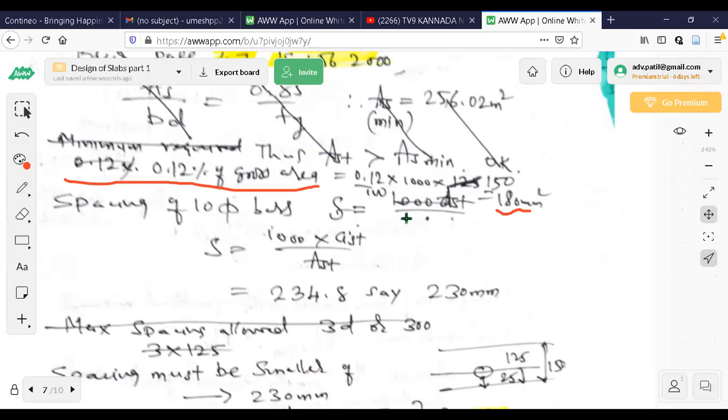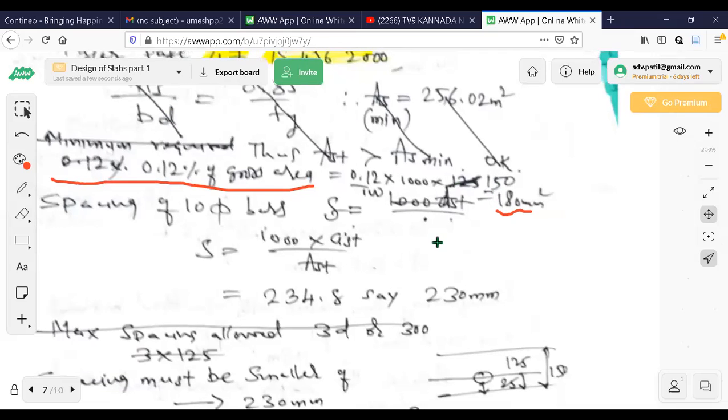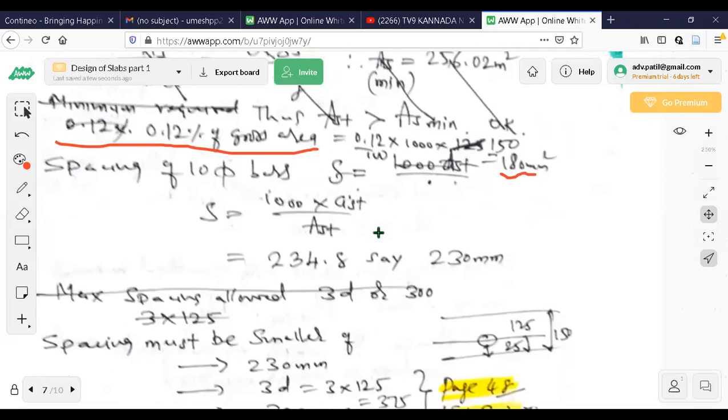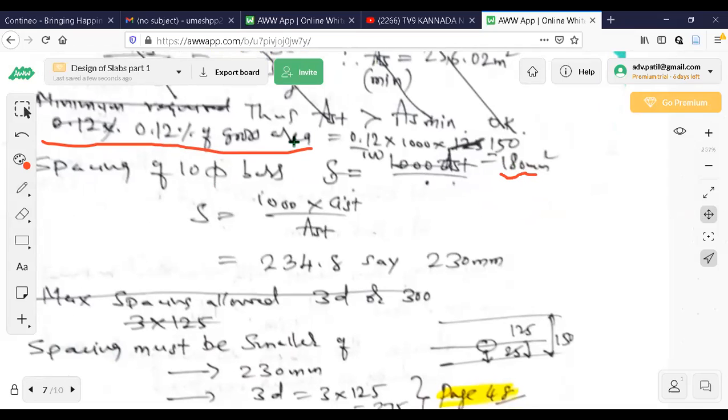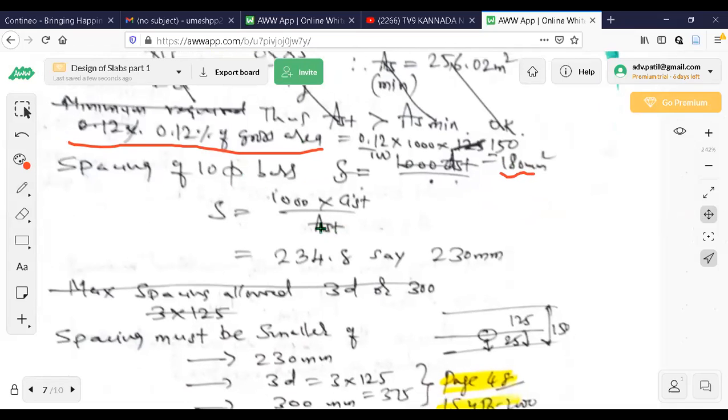Sometimes in case of a footing design, 0.12% of gross area will be more than whatever Ast we have calculated using the bending moment value, Mu. In case of footings it happens that the value is less than this 0.12%. So whichever is more, you should choose. Now this 180 is less, so Ast will be that one only.